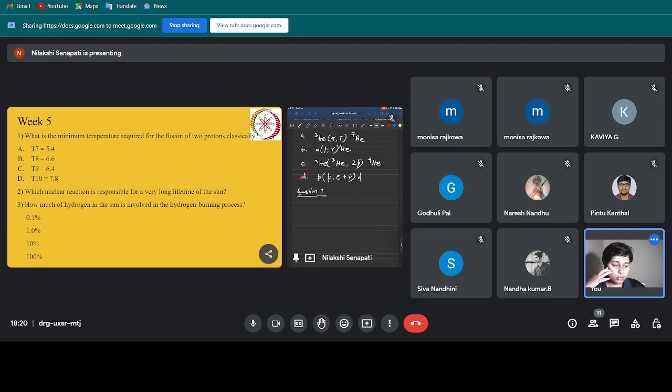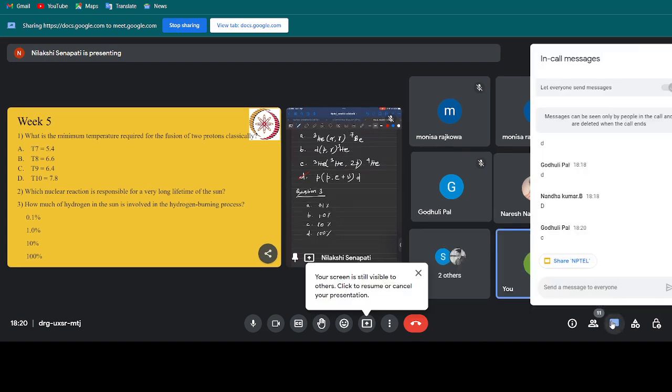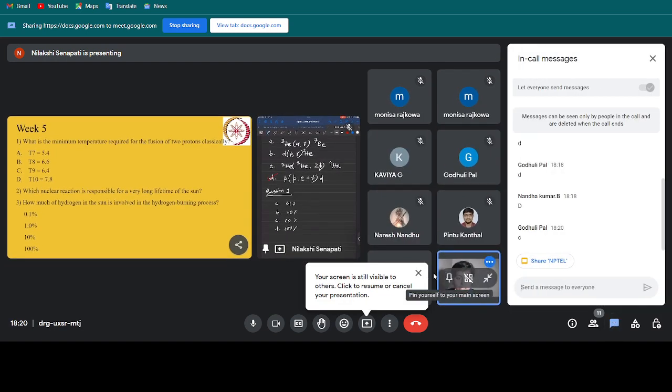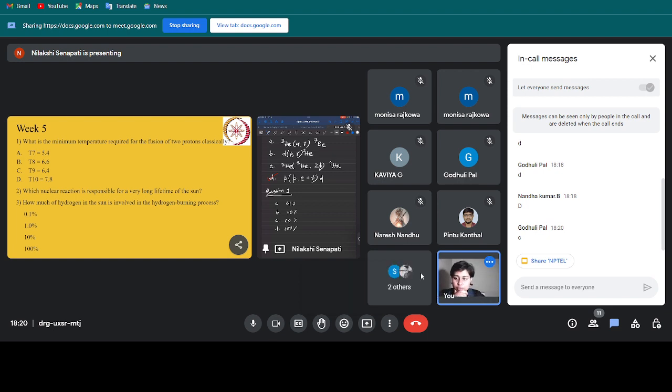Can anybody please try and tell me the possible answer? Godhuli is saying it is 10%, option C. I forgot to write the ABCD here, consider it as ABCD.